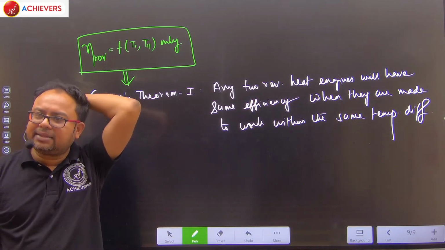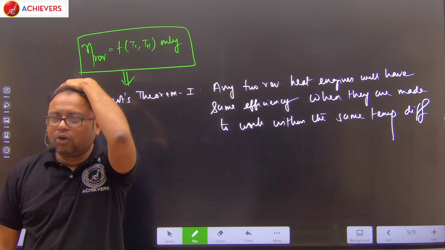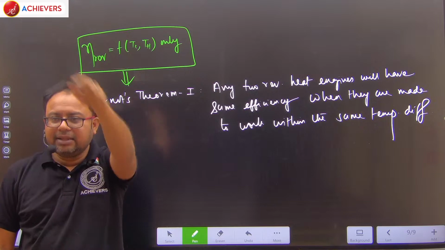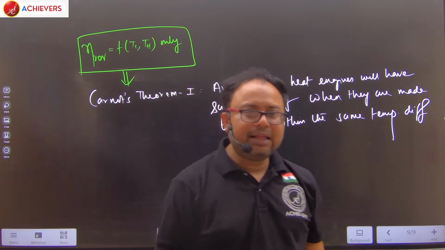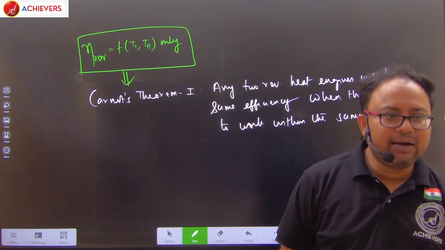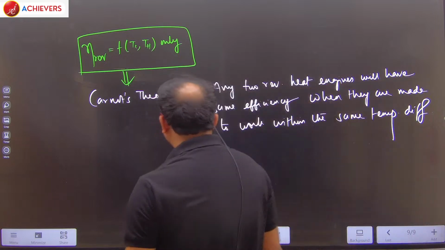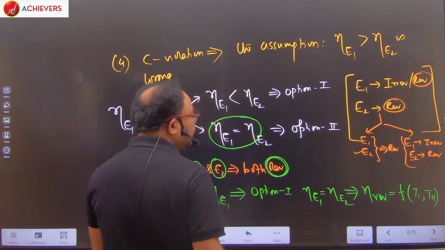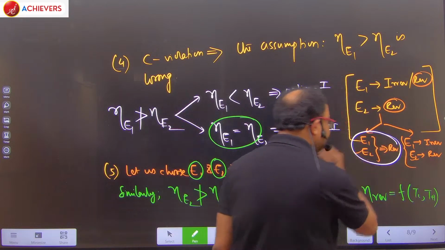If you maintain the same value of Tc and Th for two different reversible heat engines, they will have the same value of eta. So we have cracked this particular option where both are reversible.